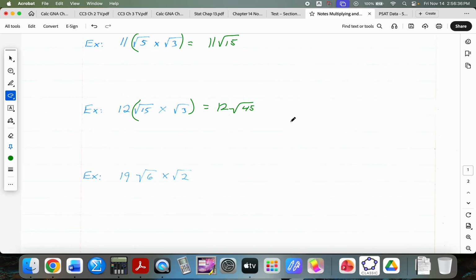Again, I think for that one, I know it's faster, and I think it's easier. What's a perfect square that divides evenly into 45? 9. So that's 12 times 3 square roots of 5, which is 36 times the square root of 5.